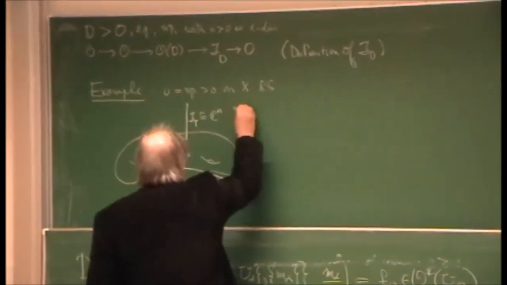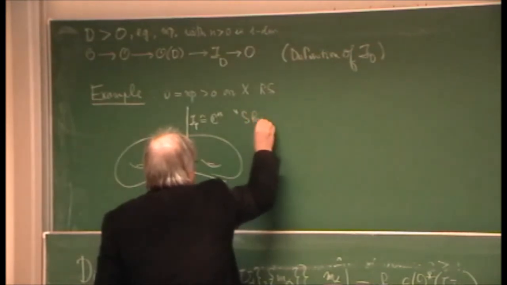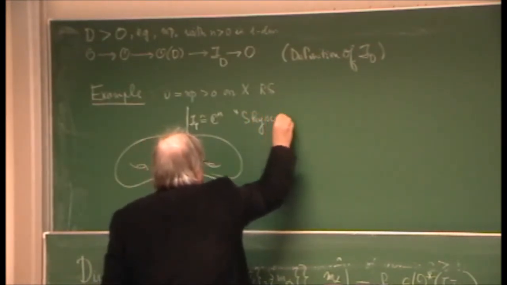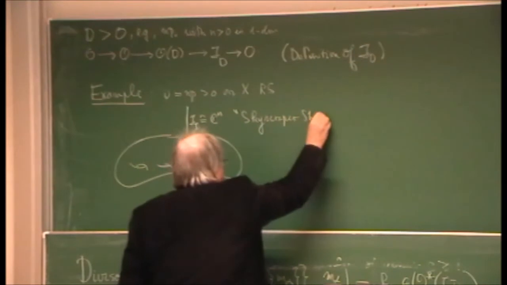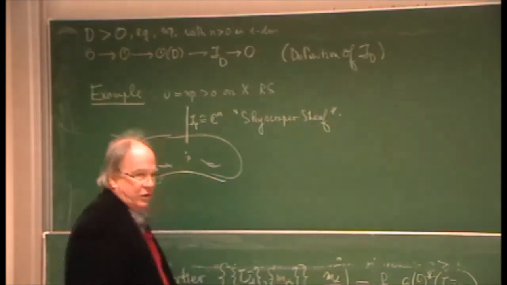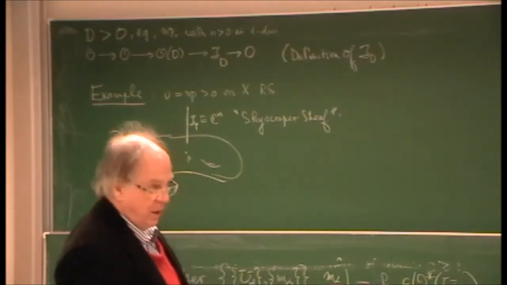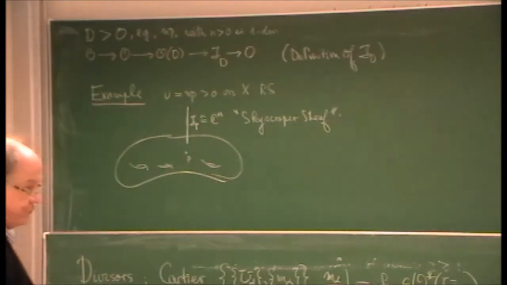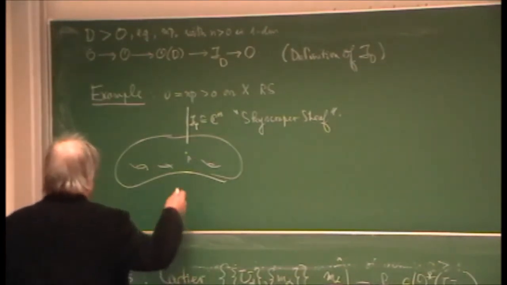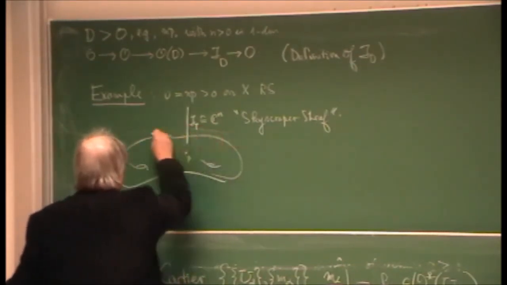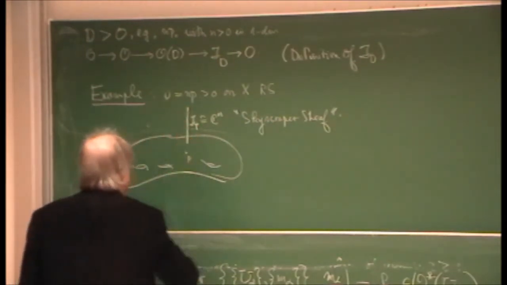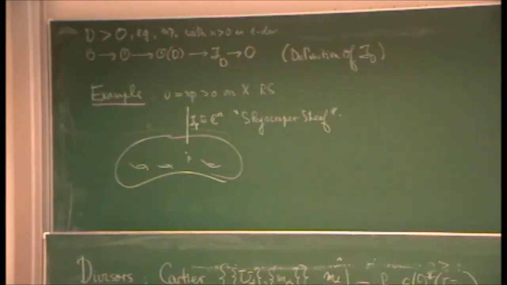In English we call this a skyscraper sheaf, because it's standing in the middle of New York City and it goes straight up. Outside it is the 0 sheaf, and here it jumps up: a skyscraper sheaf. That's a fundamental exact sequence.